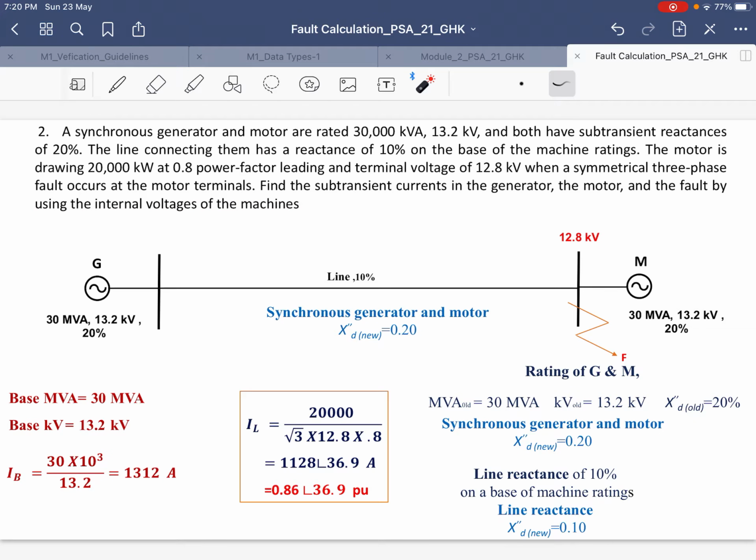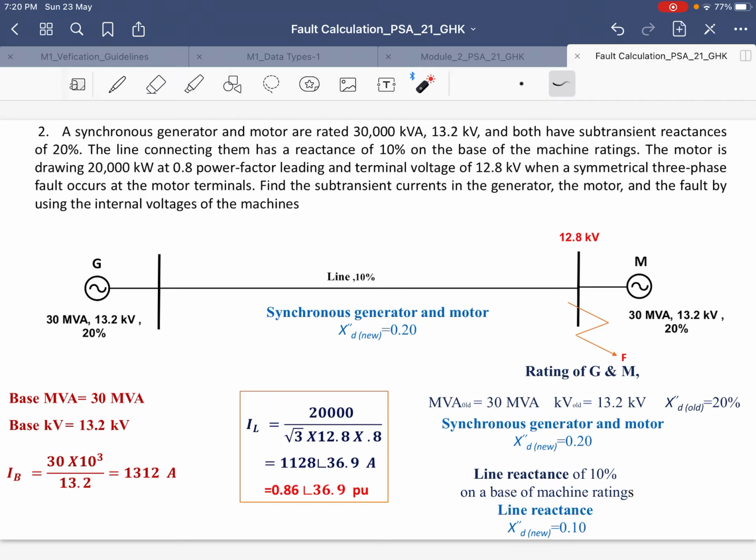For the given numerical, I have already drawn the figure here: the generator having 30 MVA, 13.2 kilovolts, 20% reactance, and the line has 10% on the basis of 30 MVA, 13.2 kilovolts, and the motor also has the same rating as the generator, 30 MVA, 13.2 kilovolts with 20% subtransient reactance.